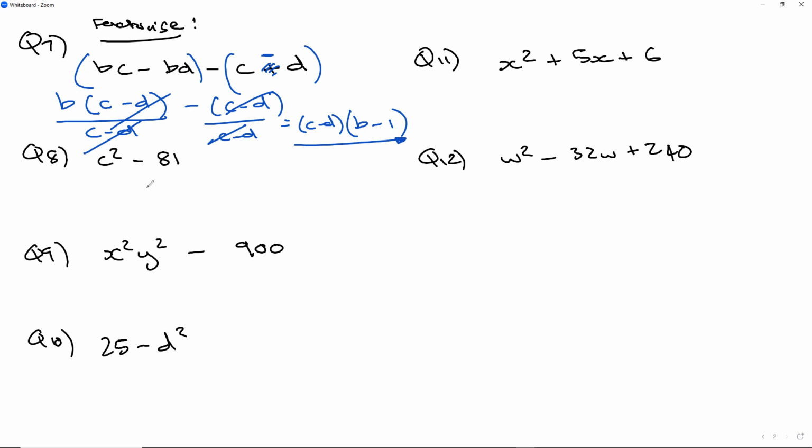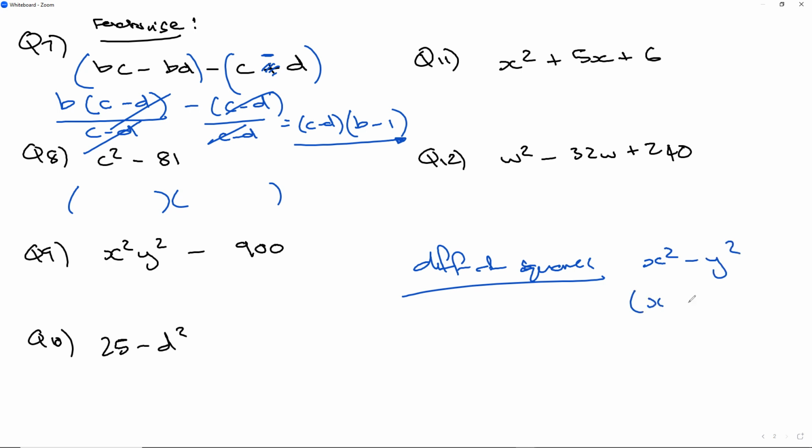All right, next. I've got C squared minus 81, and I am going to factorize this. This is a difference of squares. Now, the concept of difference of squares is built on the following formula. If you have x squared minus y squared and you factorize it, a quick way to remember: rewrite them without the squares and just put plus and minus.